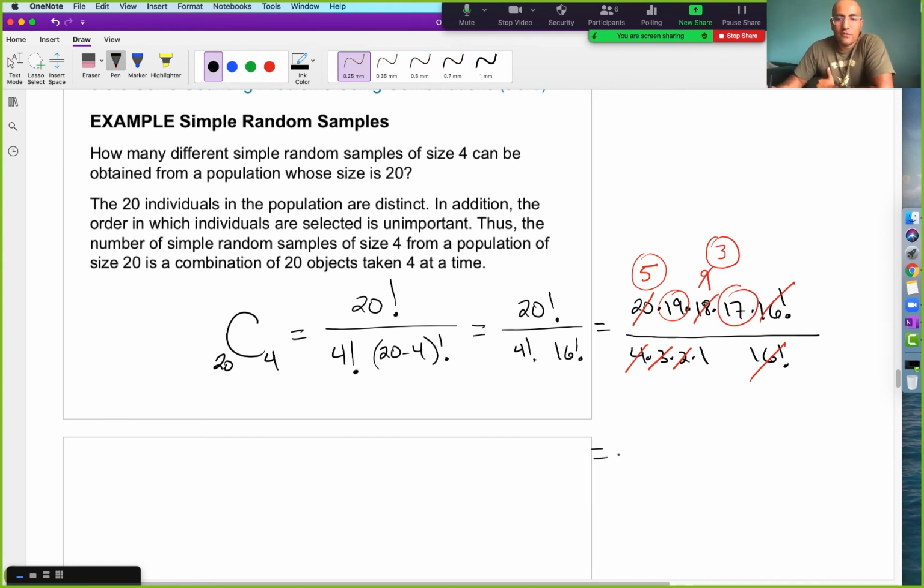The combinations of all these things is going to be 5 times 19 times 3 times 17. Good. So we can multiply that out, and we get 4,845. Or we can go to our calculator and type that in as we've done before and confirm that we get the same result.